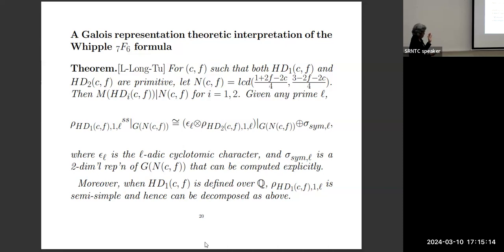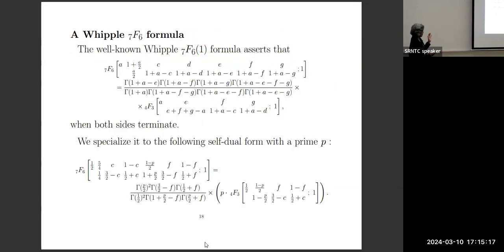But I would like to point out that, as I said, originally the Whipple identity assumes that both sides terminate, namely one of A, E, F, G is 0 or a negative integer. But in our choice of C and F, none of them is 0 or a negative integer. So we now have an identity on the algebraic side. To me, it's an open question to see what the corresponding relationship on the complex side is.